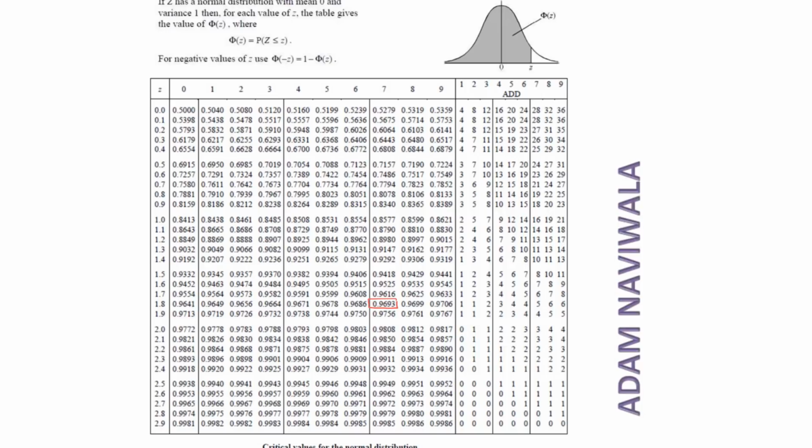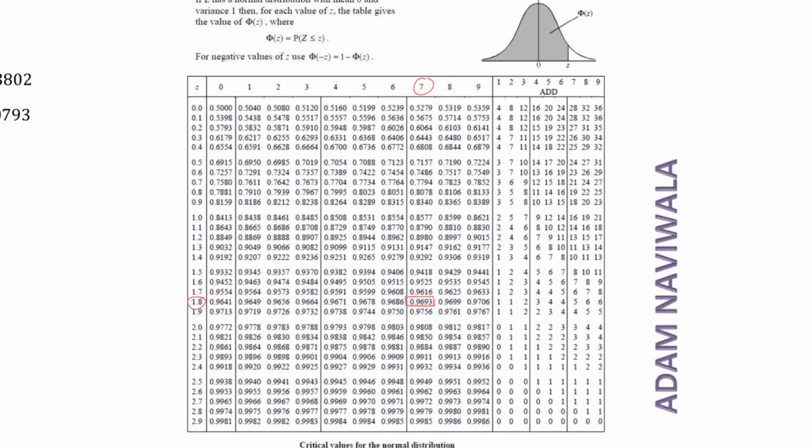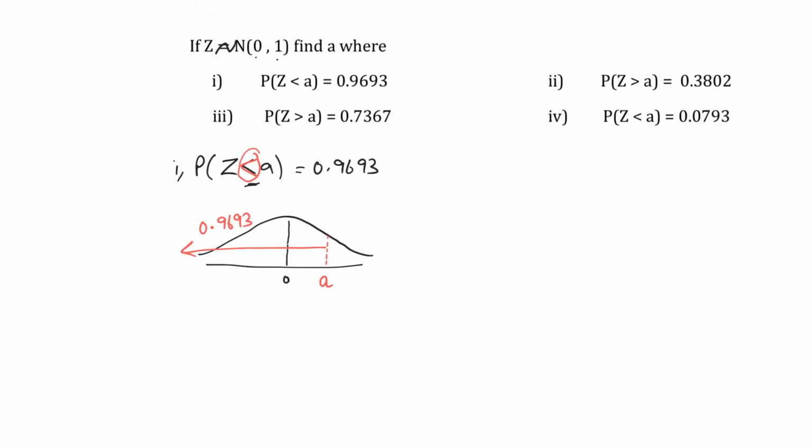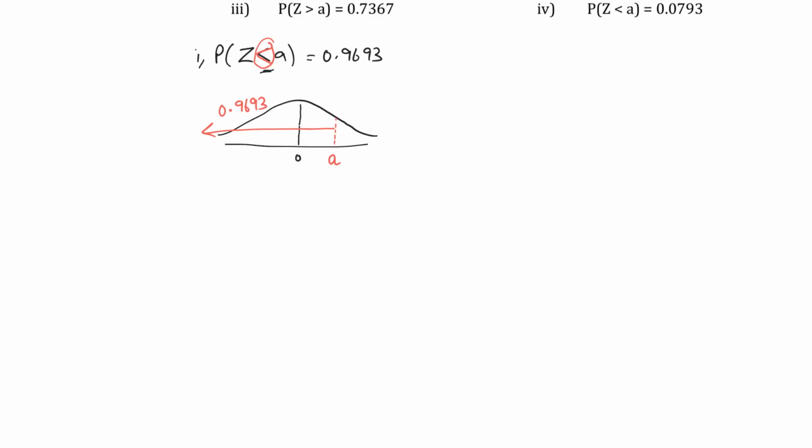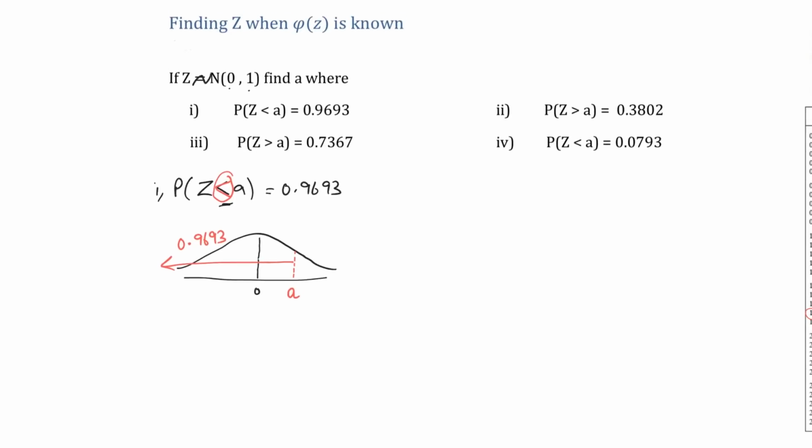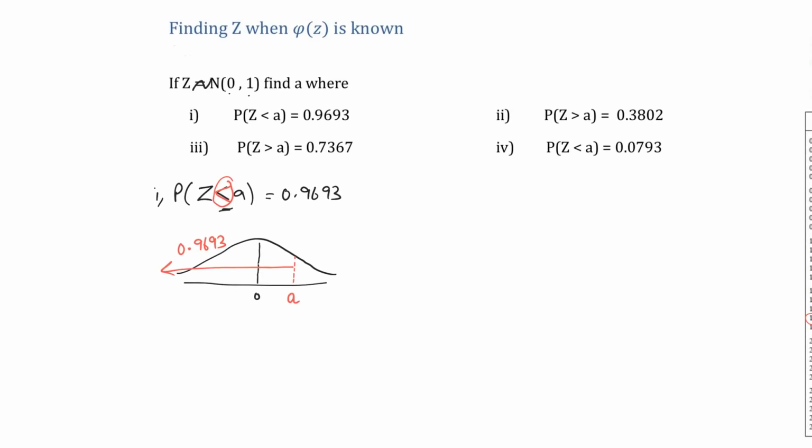It's occurring at 1.87. So 1.87 is our z value. So a has a value of 1.87 for the first example, and it will be positive 1.87 because we established that a is towards the right of 0.